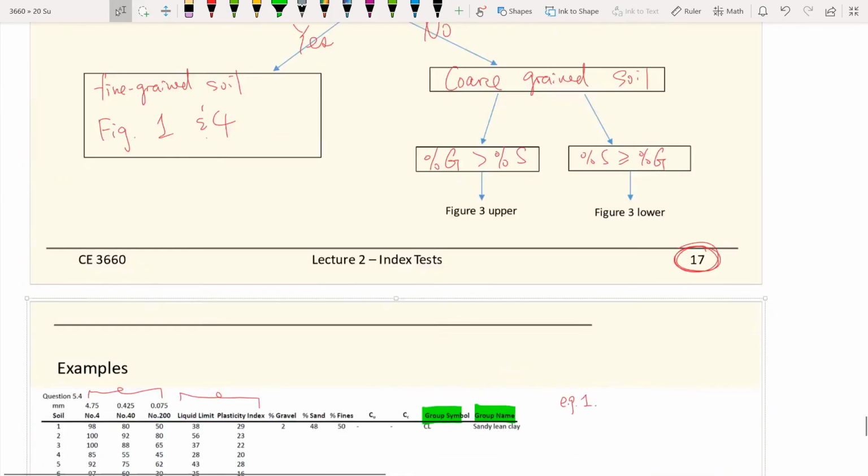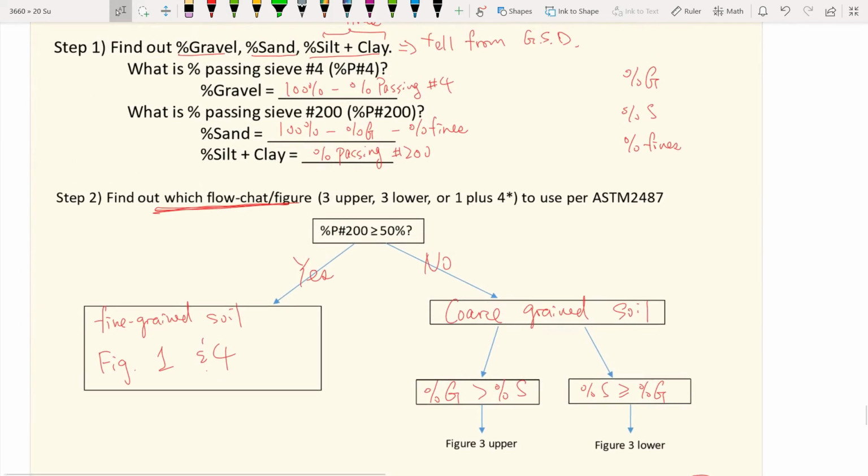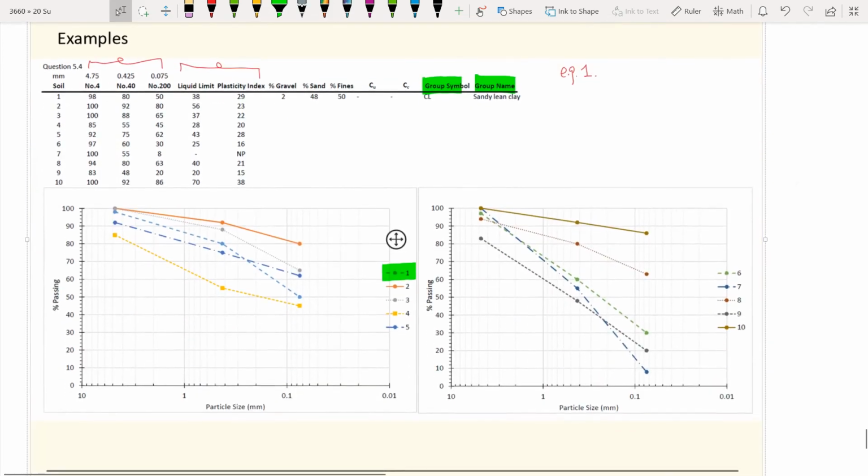The first step we do is determine the percent sand, percent gravel, and also percent fines. So percent gravel will be equal to 100% minus percent passing number 4, which means the percentage retained on number 4.